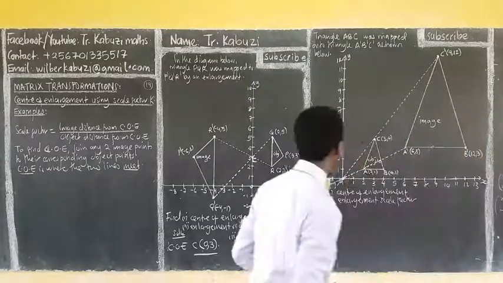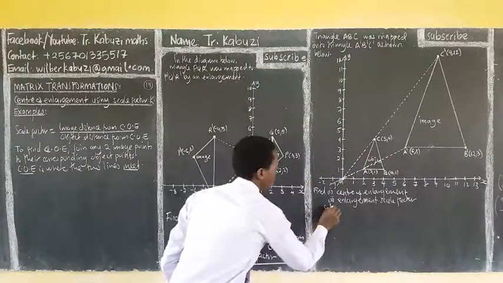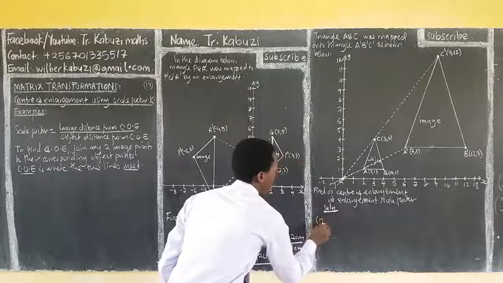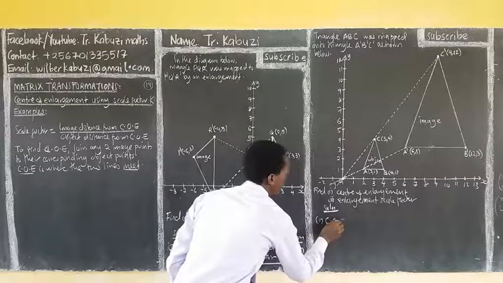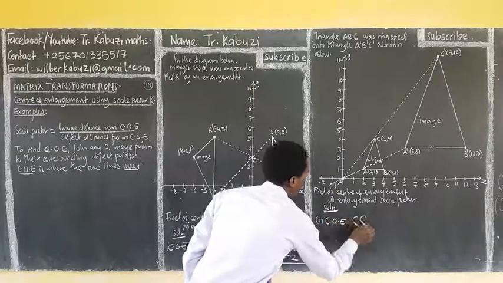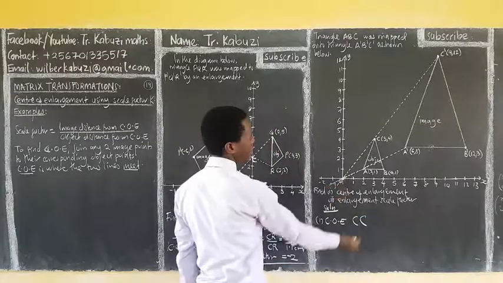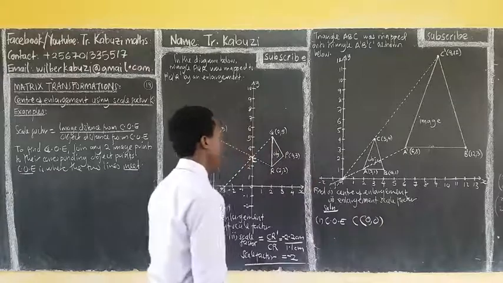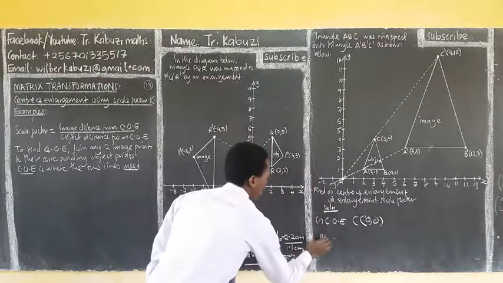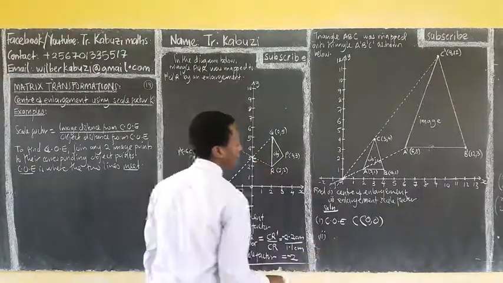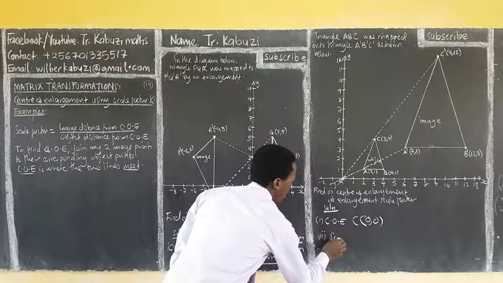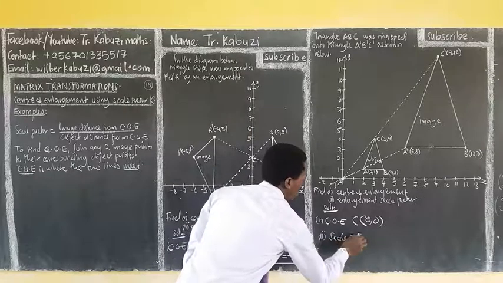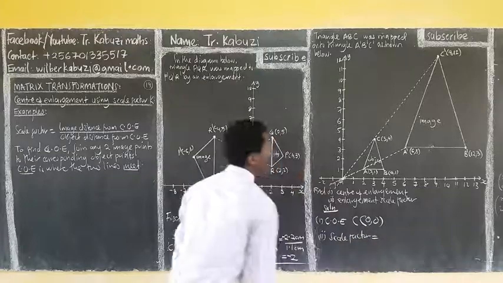So now, the center of enlargement. In my solution, number one, my center of enlargement, let me call it C, is going to be, now it sits at the origin, so it's at 0, 0, like that. Number 2, if I want to get now my scale factor, we say it's image distance over object distance.